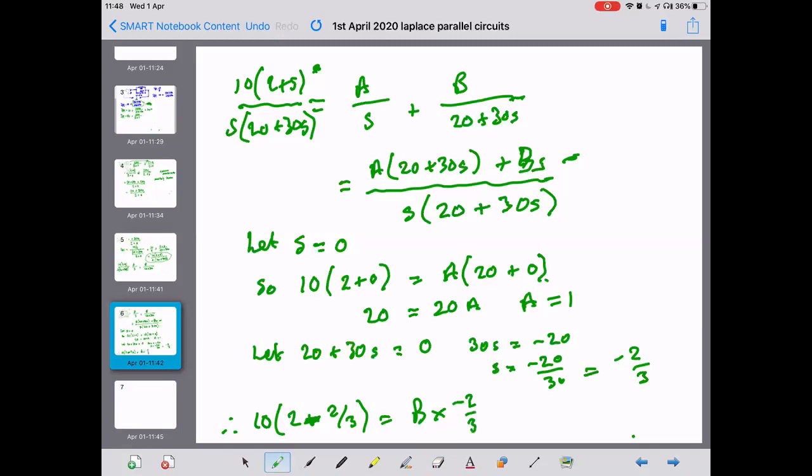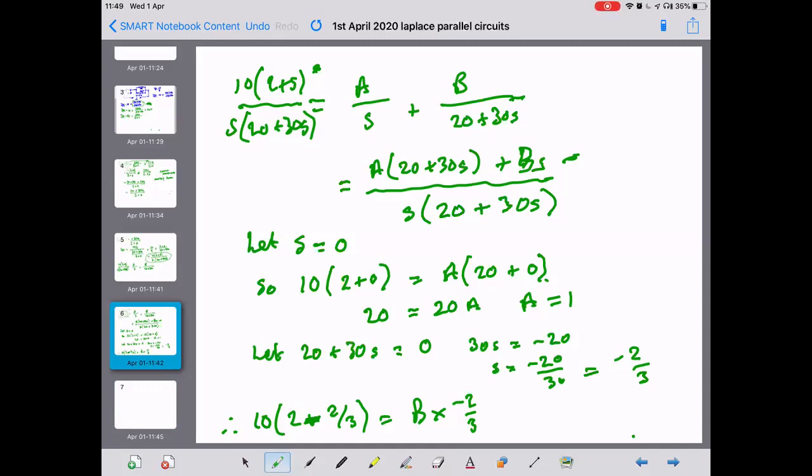So 10 bracket 2 minus 2/3 equals B times minus 2/3.